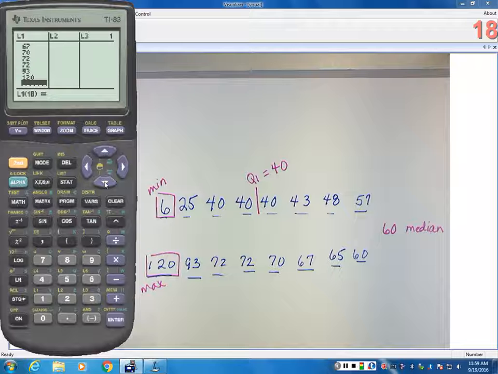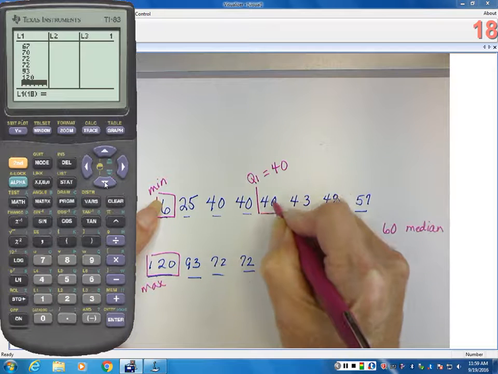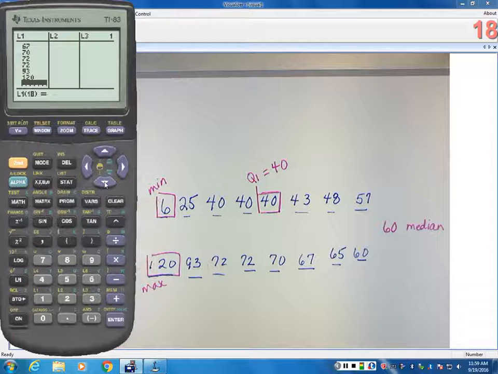And if I counted my median as part of the lower half, then it would actually be this 40 that is the middle of the lower 50% of the data. You're only looking at position. Quartiles and percentiles are a measure of position, not a measure of value.